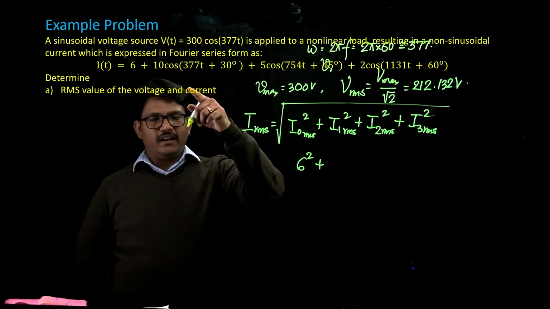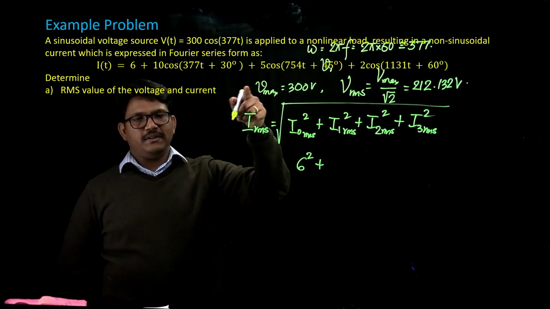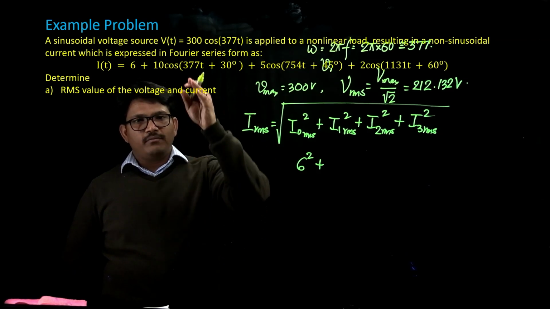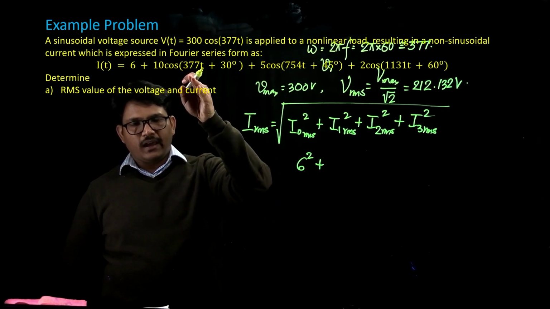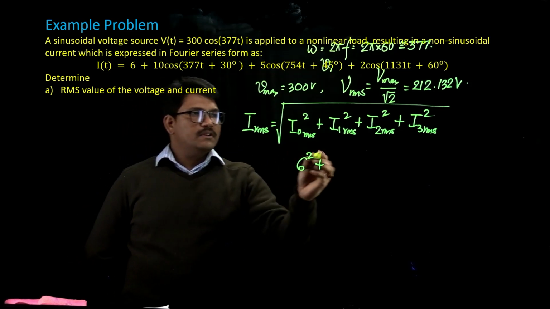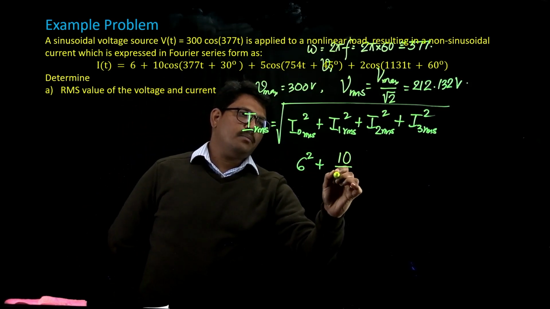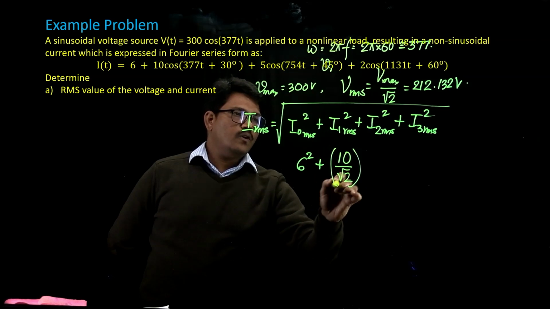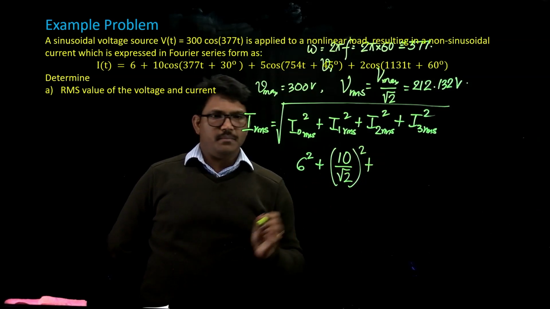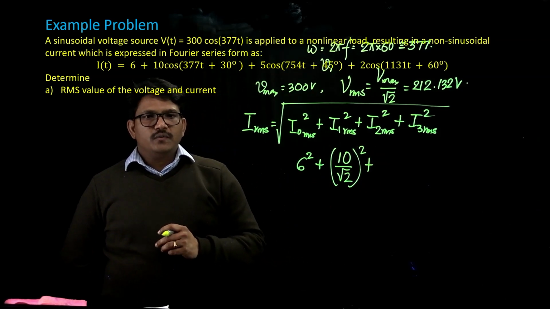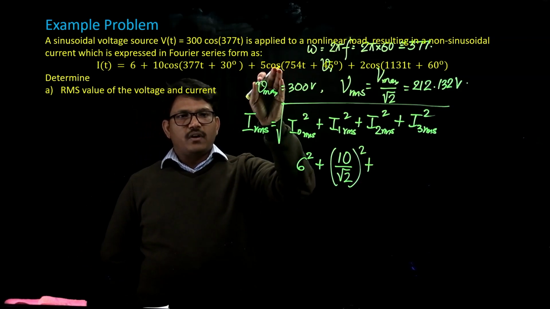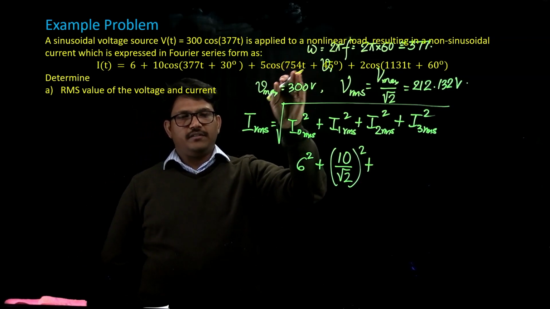Now we have 10 cos 377t plus 30 degrees. The maximum value of the current in this fundamental case is 10, so the RMS value is 10 upon root 2, and the whole square is I1 RMS square. The next one is 5 cos 754t plus 45 degrees.